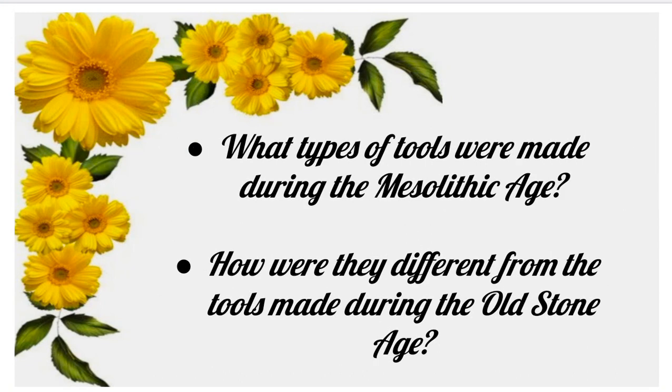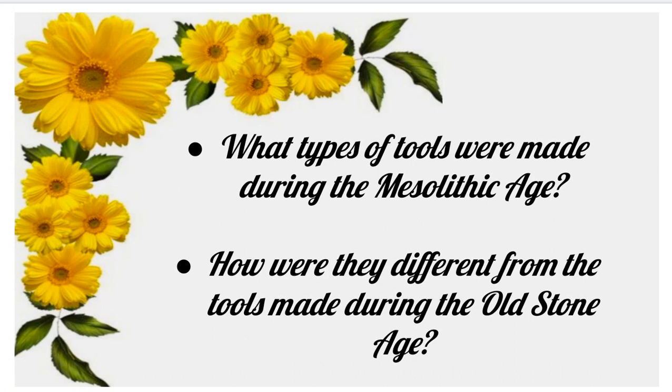Okay, so now we will discuss the Mesolithic age and tools of this age. What types of tools were made during the Mesolithic age? The types of tools made during the Mesolithic age were small tools such as blade, core, and point, which were known as microliths.